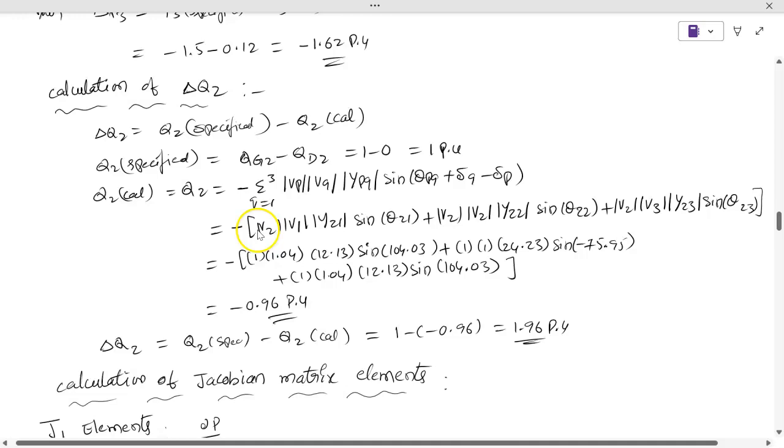So we substitute and get 3 terms here. Finally, after substituting, we get this. So delta Q2 is equal to Q2 specified minus Q2 calculated, that is 1 minus of minus, that is 1.9.